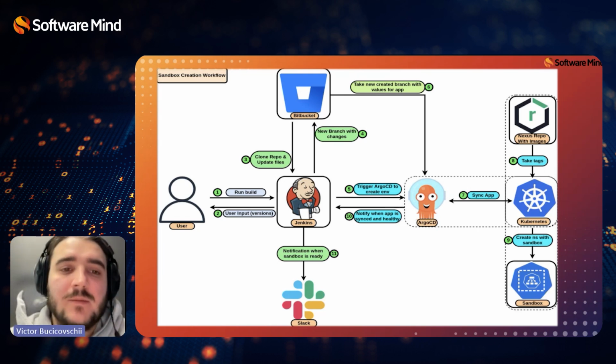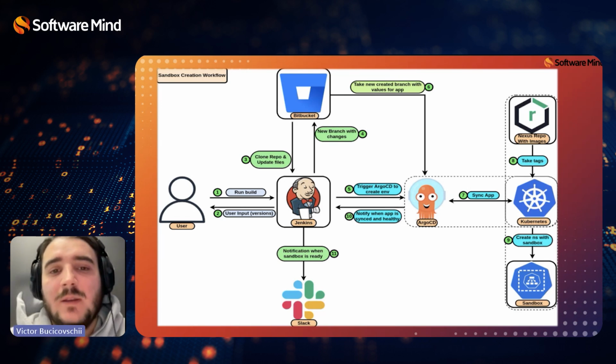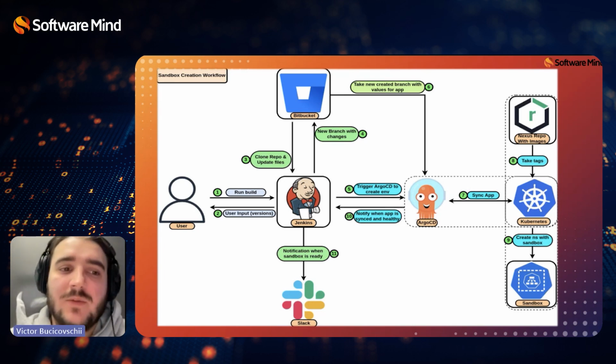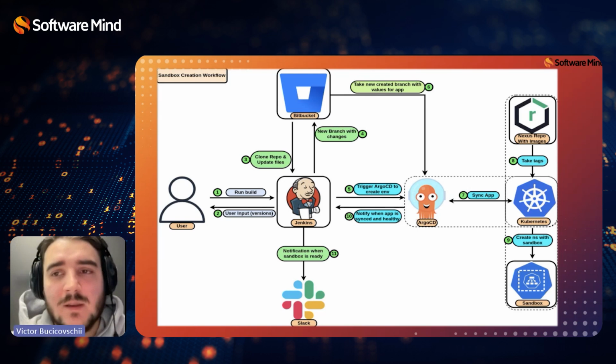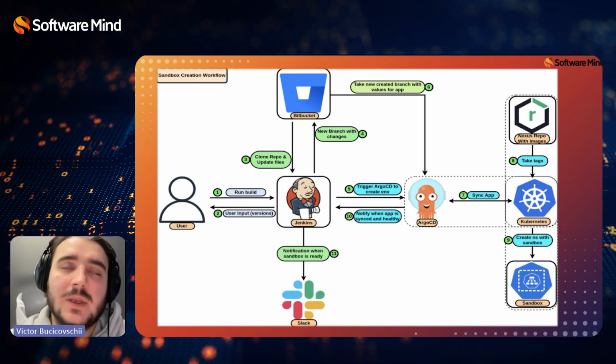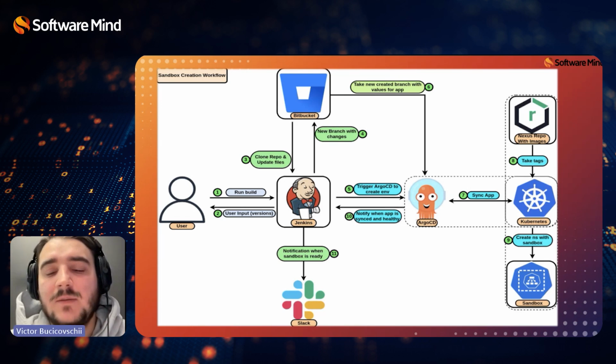After that, Jenkins clones the repository from Bitbucket with configurations of all services. It does all the necessary changes and pushes a new branch with the name of the user and a random number. After that, it triggers Argo CD, which takes the branch from Bitbucket with versions and syncs the application and creates it in a different namespace. It's an application of applications.